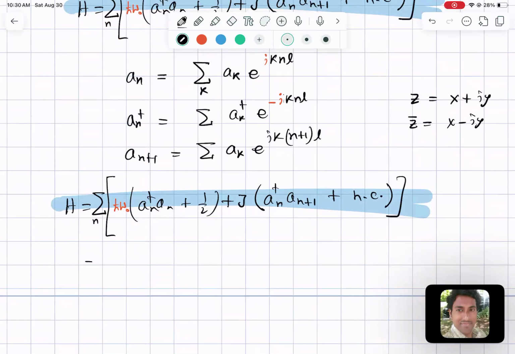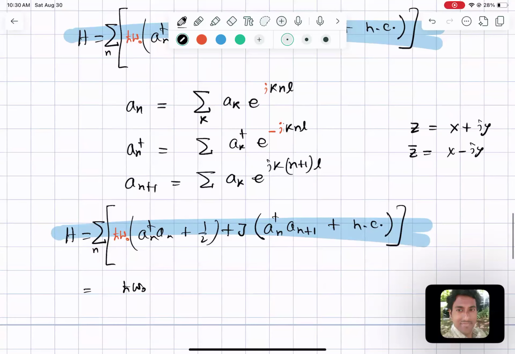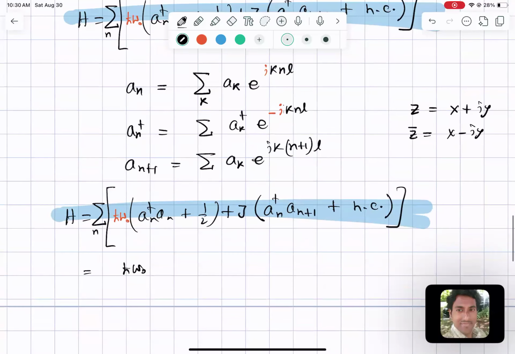Let's see. So first term is a dagger a, with h bar omega naught. So if you notice, if we have a_n dagger a_n, and a_n dagger, then on the right hand side we have a_K dagger, and we have these two terms. And these terms, if you multiply them together, they cancel out.